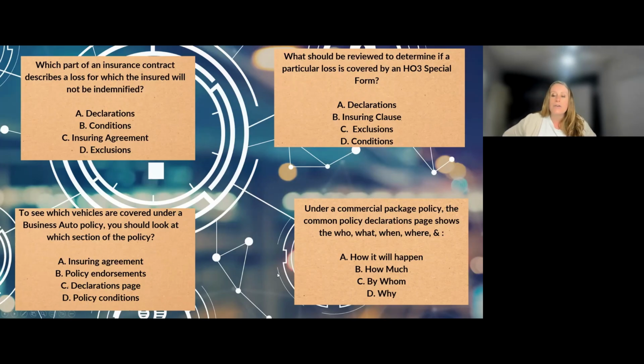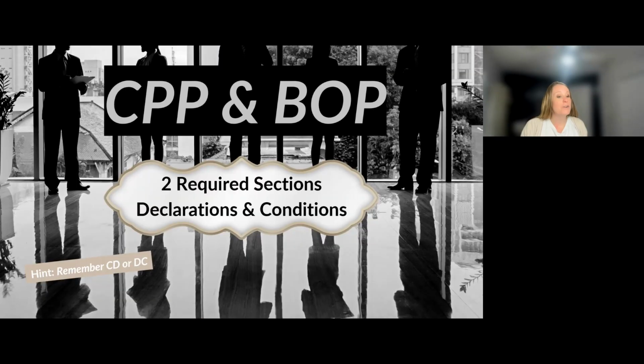And then lastly, under our commercial package policy, the common policy declarations page shows the who, what, when, where, and the answer here is B, how much. It's not how it will happen, it's B, how much, right? Which of course is talking about the premium and the policy limits. Under a CPP and a BOP, the only two required sections are your declarations and your conditions.